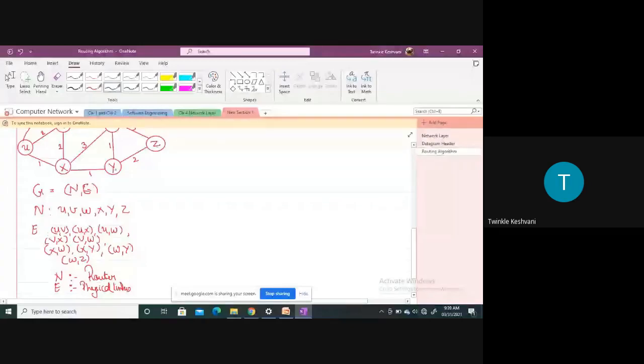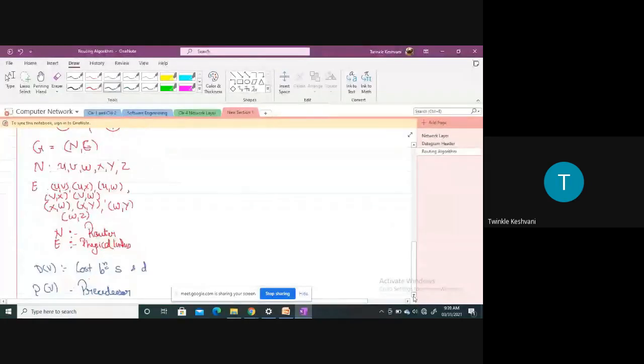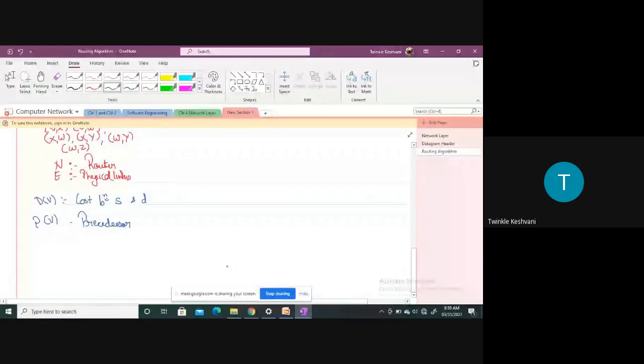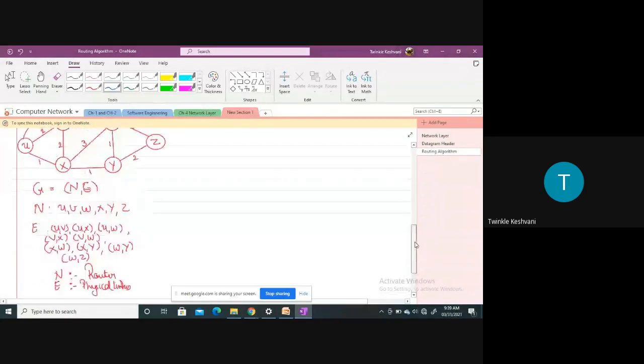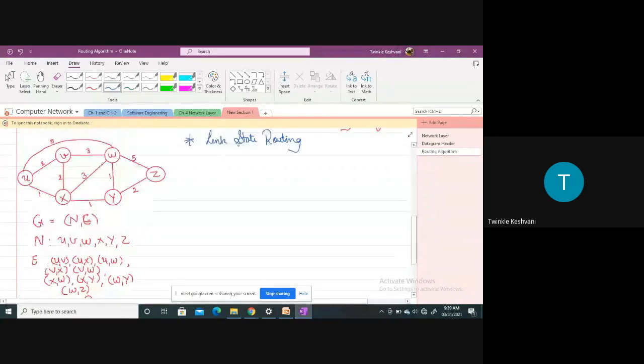So the predecessor node is represented as PV. And N dash, we can say, is a subset of all the nodes. Now let's say if I have visited some nodes, then that node will be put in N dash, right? So that is N dash. So these are the terminologies that need to be understood before understanding the link state routing algorithm, right?